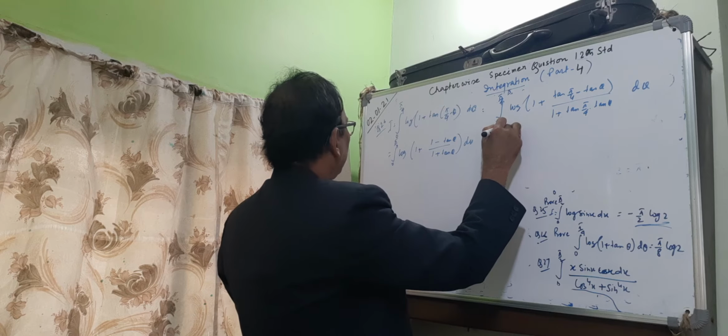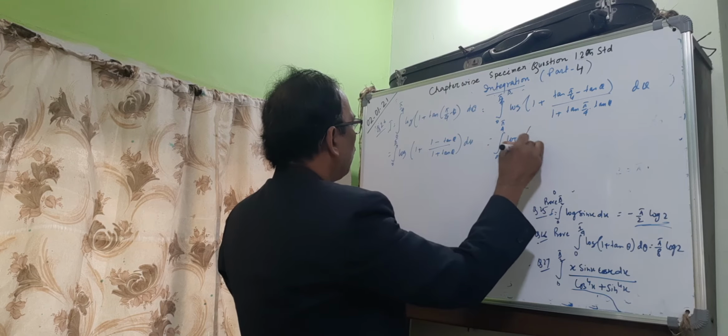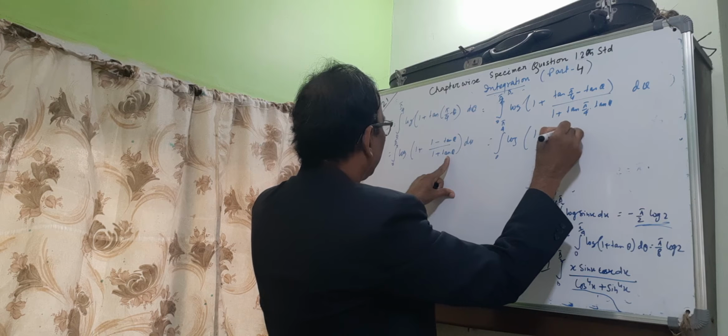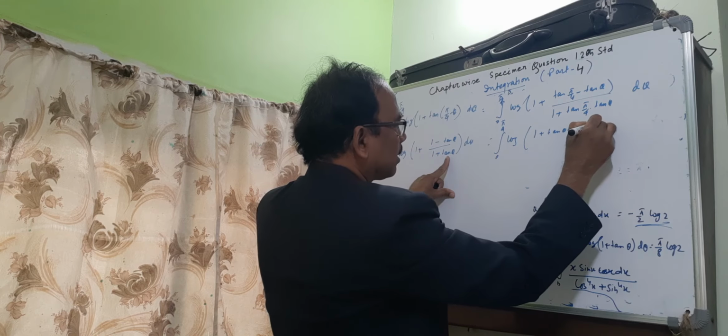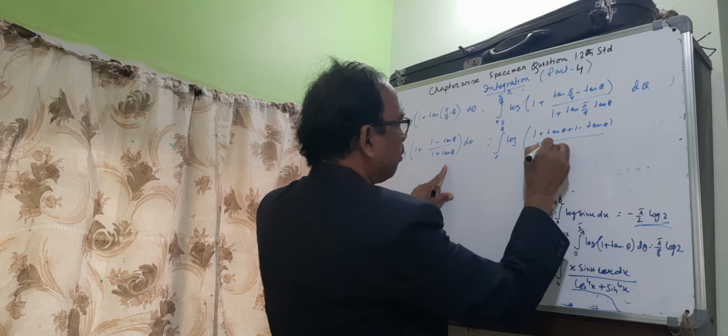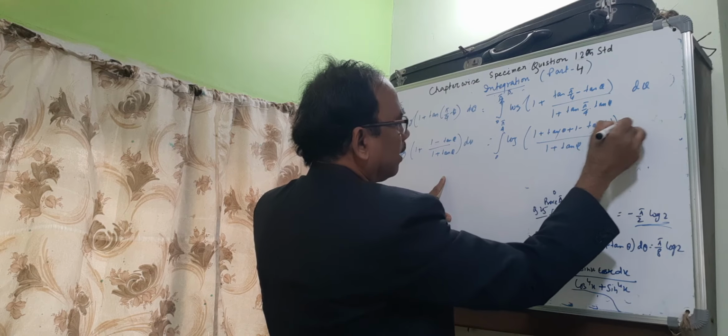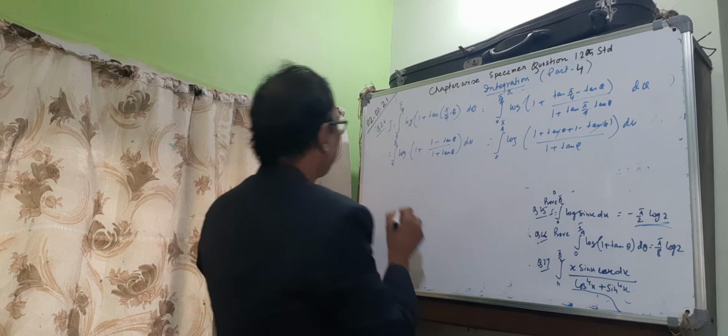That is the integral from 0 to pi by 4 of log of (1 plus tan theta plus 1 minus tan theta) by (1 plus tan theta) d theta.